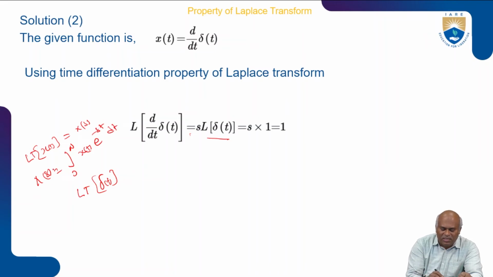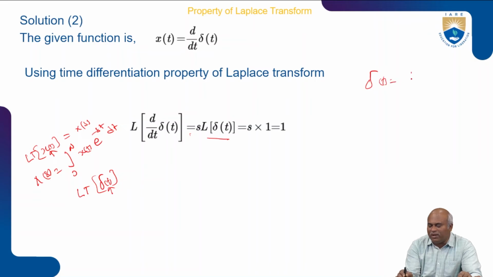Now where x of t is present, we should substitute del of t. We know del of t is equal to 1 when t equal to 0, and 0 otherwise.